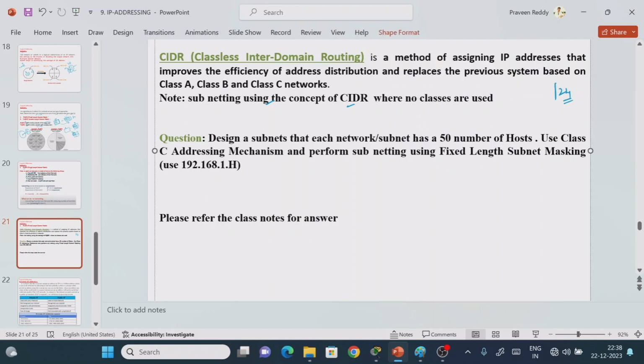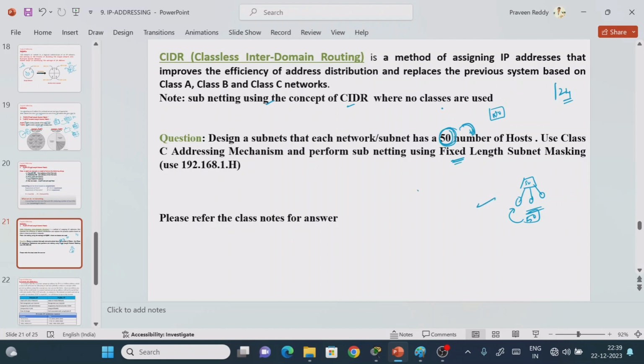The given question is that we have to divide into fixed-size subnets. Fixed means, suppose you are identifying 50 hosts, it means I need to assign a network range which gives a minimum of 50 hosts. In my network I have 50 systems, so for 50 systems I need to assign IP addresses.